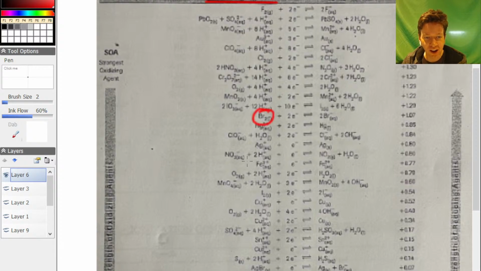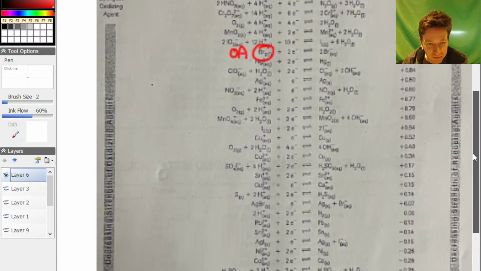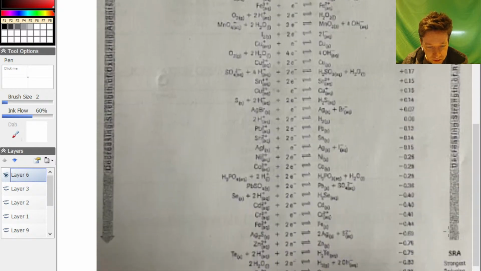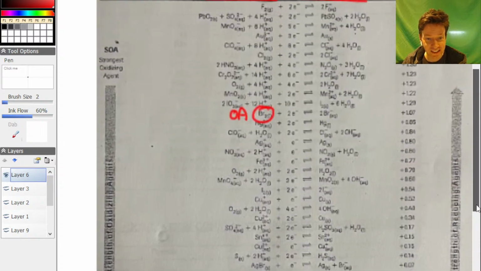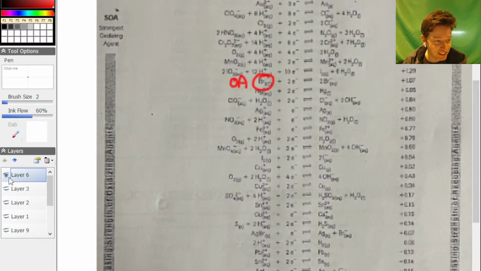So bromine is an oxidizing agent. So there's our oxidizing agent. And our reducing agent was sodium. So if we look for sodium, it's all the way down here. So there's our reducing agent. So in this case, yes, the oxidizing agent is way above the reducing agent.